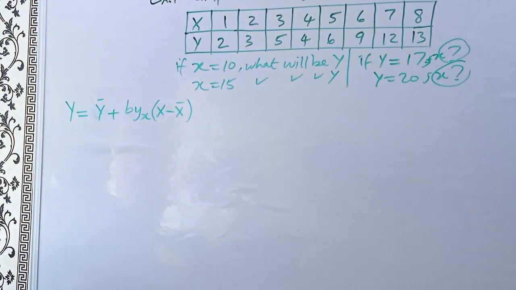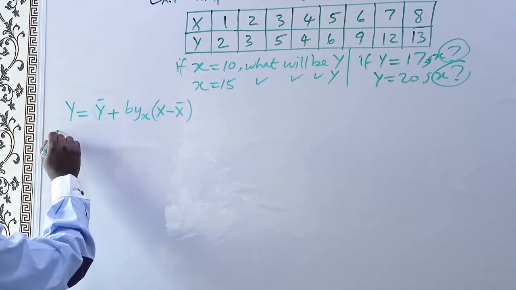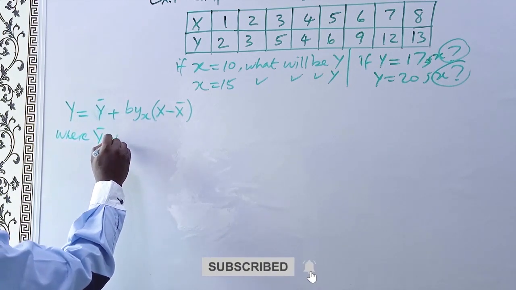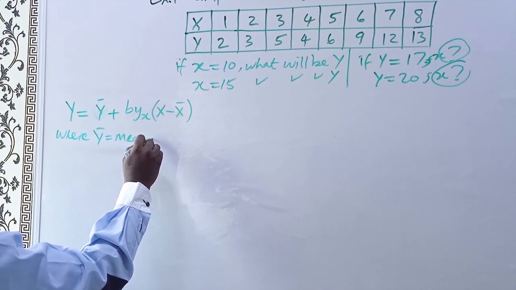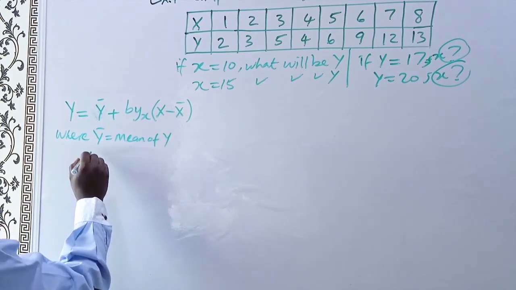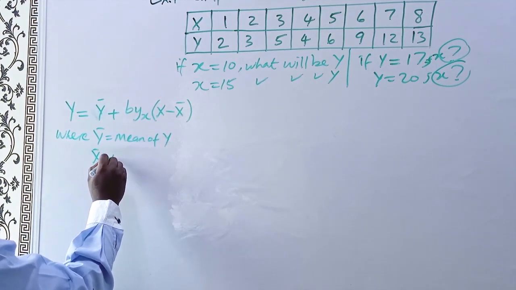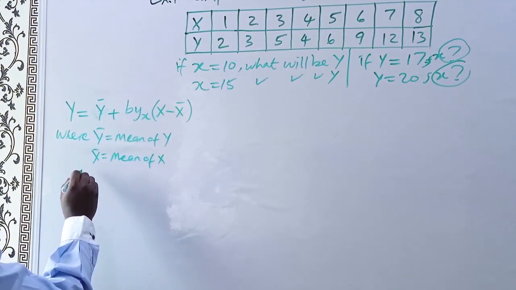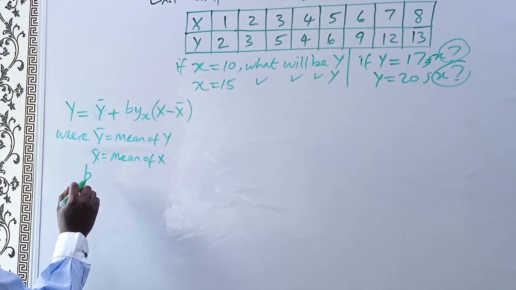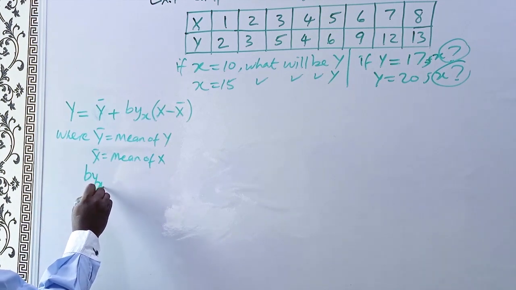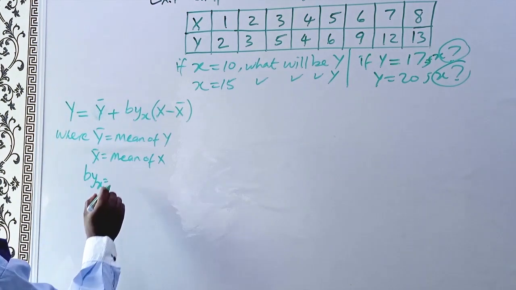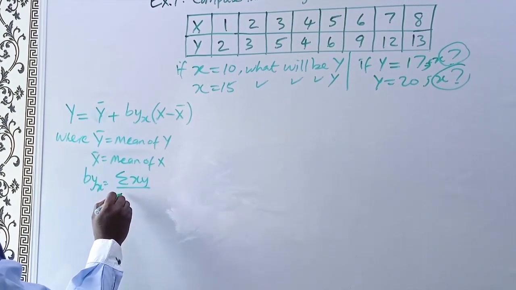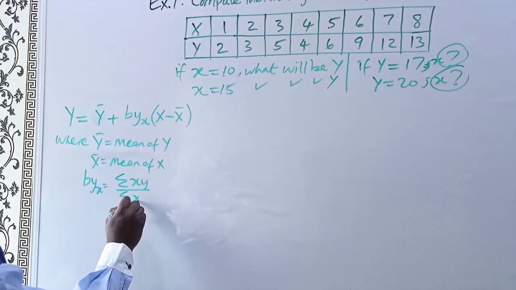Don't worry, we're going to define these values, where y bar is the mean of y, x bar is the mean of x, and the beta, or the slope, is given as summation of xy all over summation of x squared.